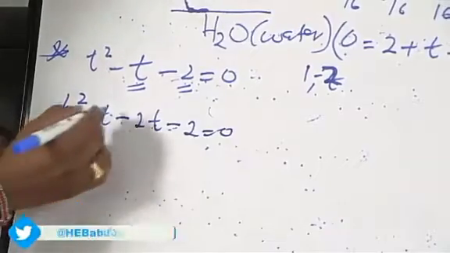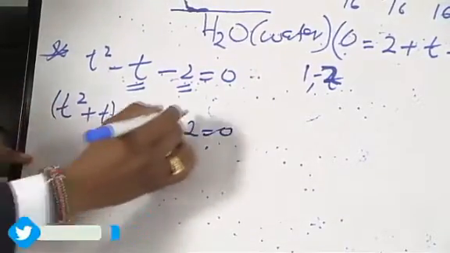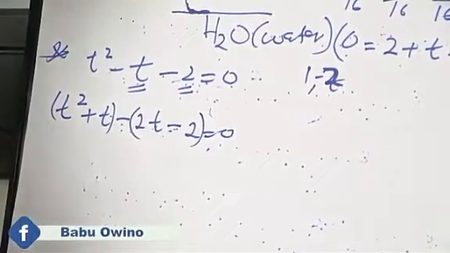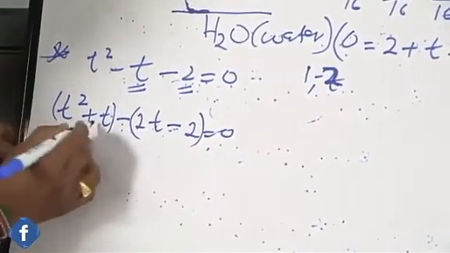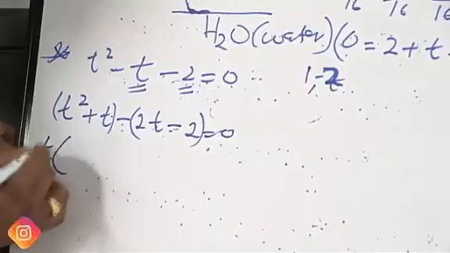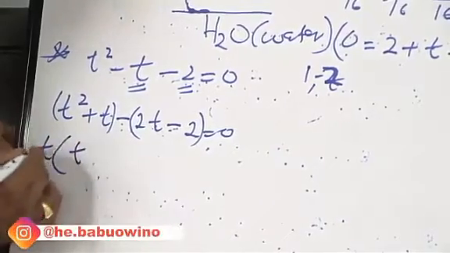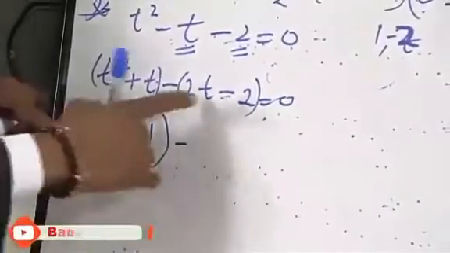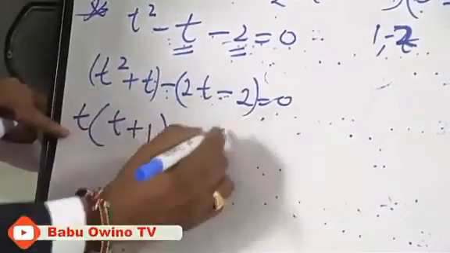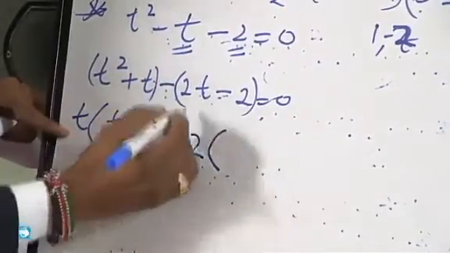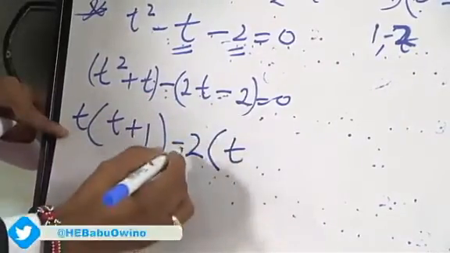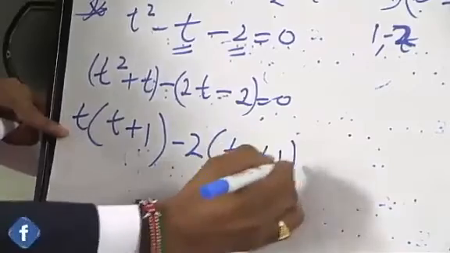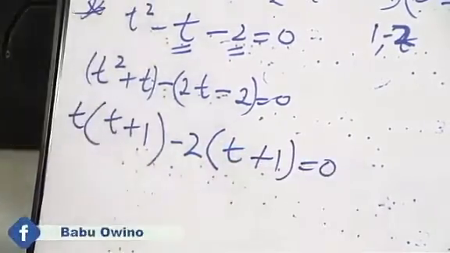Then we have the first part of the equation and the second part of the equation. We factor t out because t is common in the first part. Therefore, t into t squared, you get t; t into t, you get plus 1. Minus, the common factor here is 2; 2 into 2t is t, and 2 into minus 2 is minus 1, equals 0.